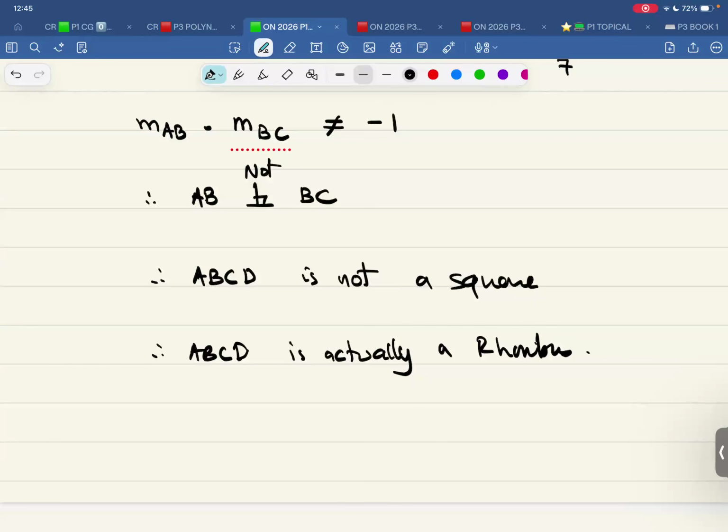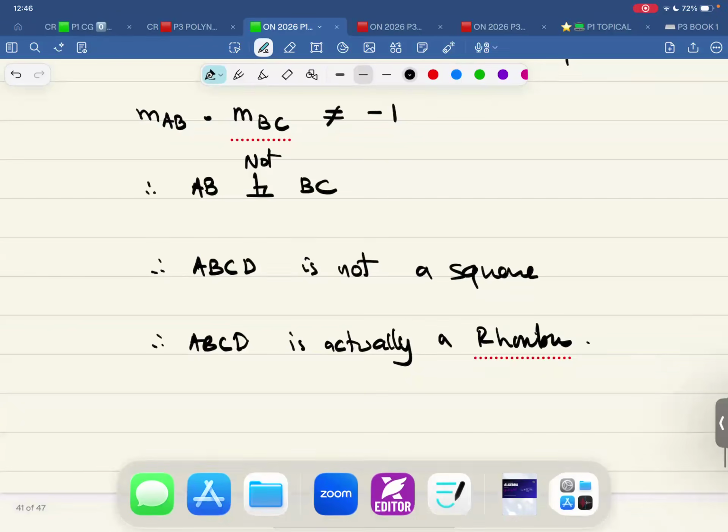Is this all clear? So now, not a square, but a rhombus. Just acknowledge this over here. Yes, waiting for it. Not a square, but a rhombus.